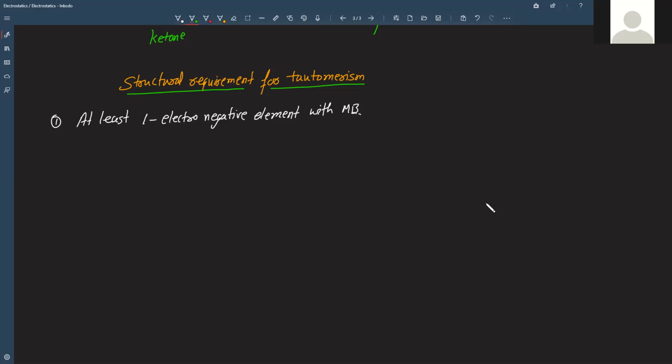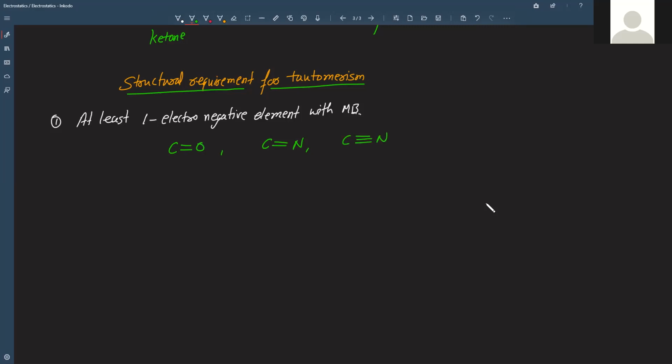A few examples of that. It can be C double bond O. It can be C double bond N. There is a double bond and there is an electronegative element. C triple bond N, not just one double bond, it can even be a triple bond.